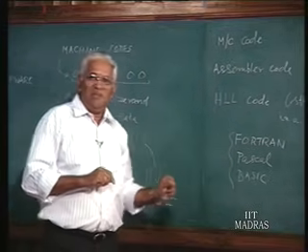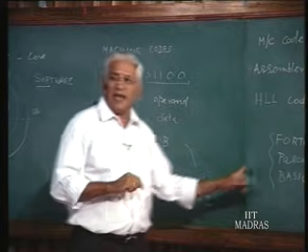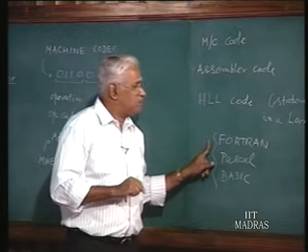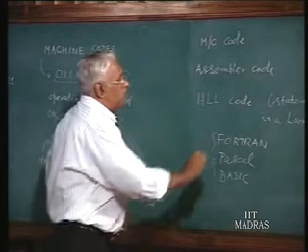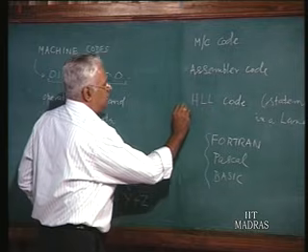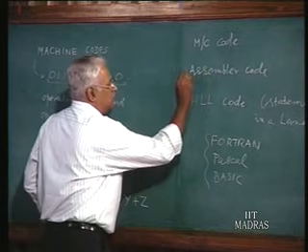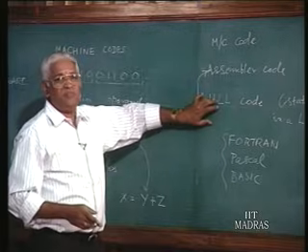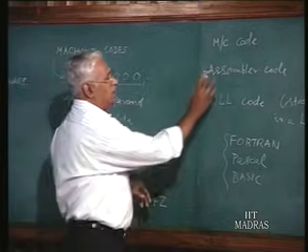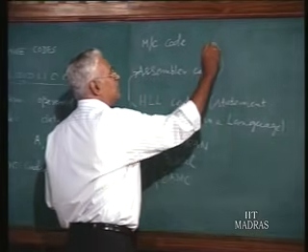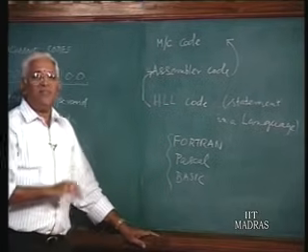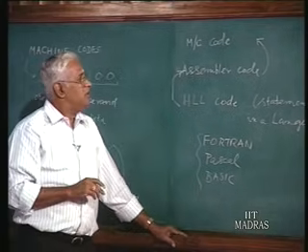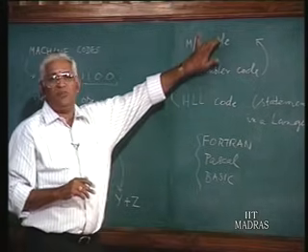Now, what does it really mean? If one writes a program in this particular one, then one should have another set of codes to translate from here to this. Similarly, if one writes from here, one must have another software to translate from this to this. Why?